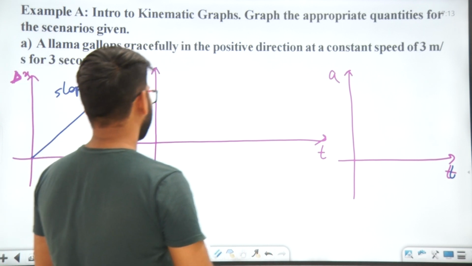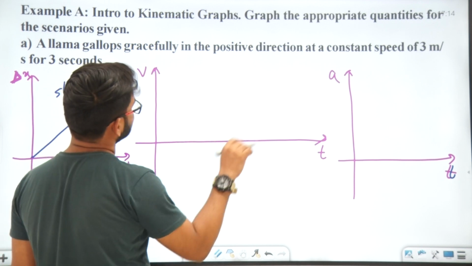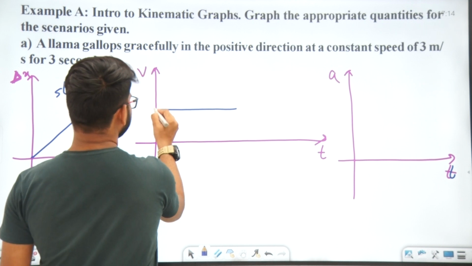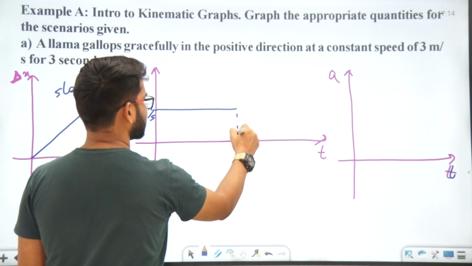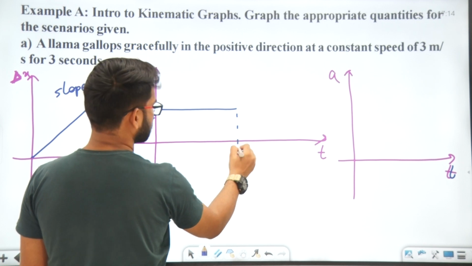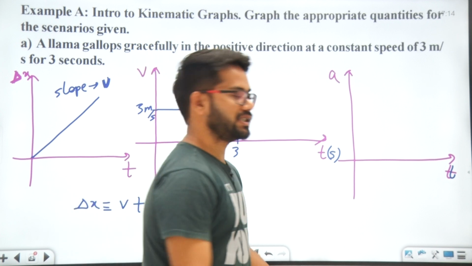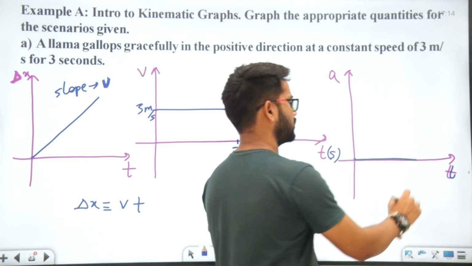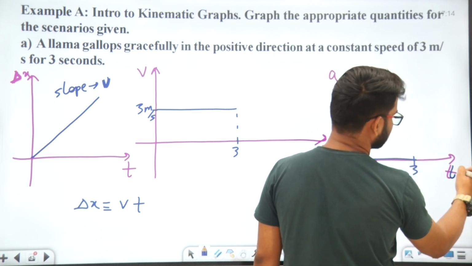Now the velocity versus time graph: the variation of velocity with time is constant. So it is 3 meters per second, moving for 3 seconds. Time is in seconds. Acceleration is 0, so this is 0 till 3 seconds, right?